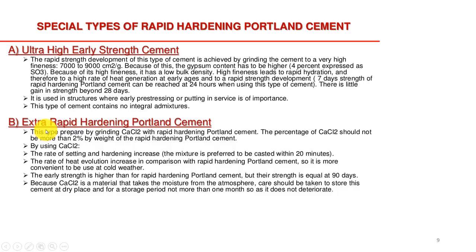Rapid extra hardening cement type is used where you have a very small amount of open time. Basically, open time is the time that you require to make your structure serviceable. Let's say I have an airport to be maintained, so that it can serve after the maintenance.